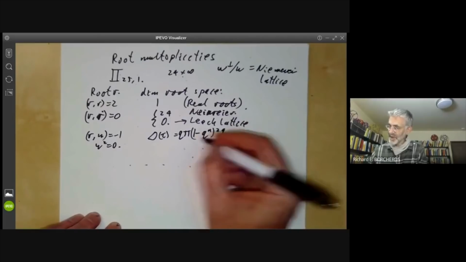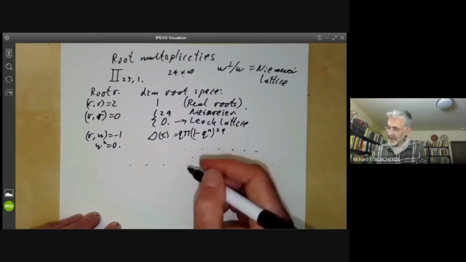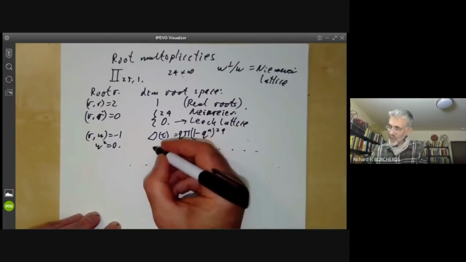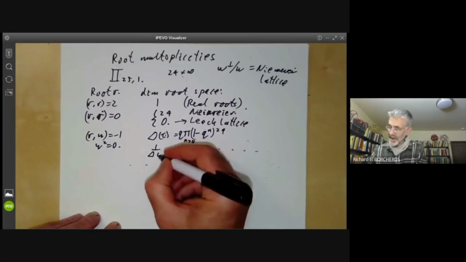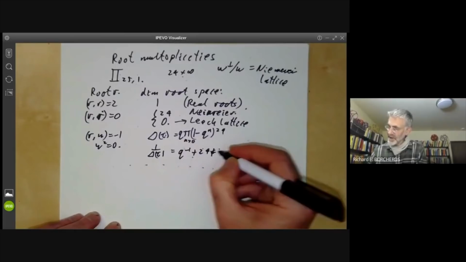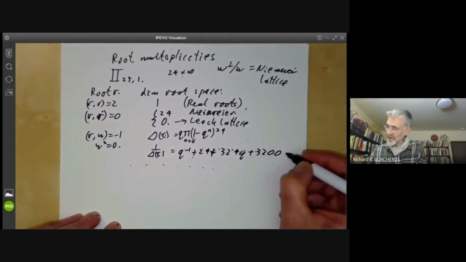This is a very famous function whose coefficients are Ramanujan's tau function, which is a different tau from this one, but never mind. And you take 1 over delta of tau. So this turns out to be q^-1 + 24 + 324q + 3200q^2.